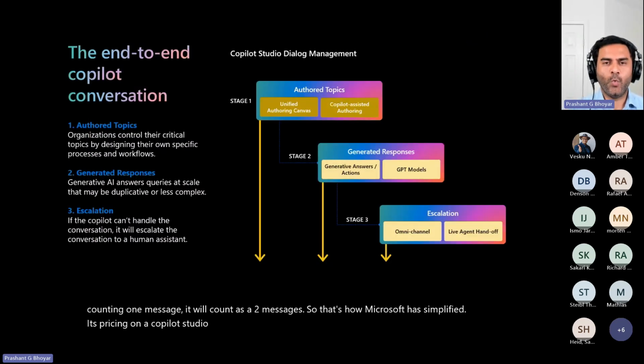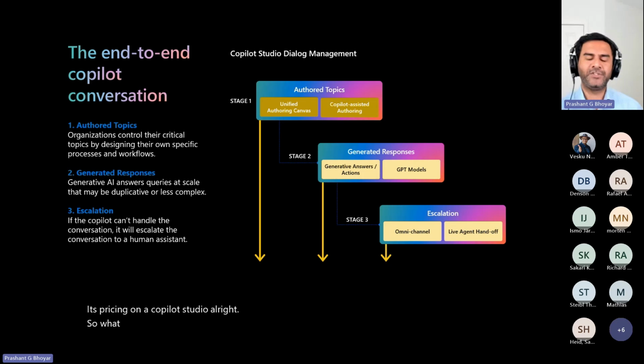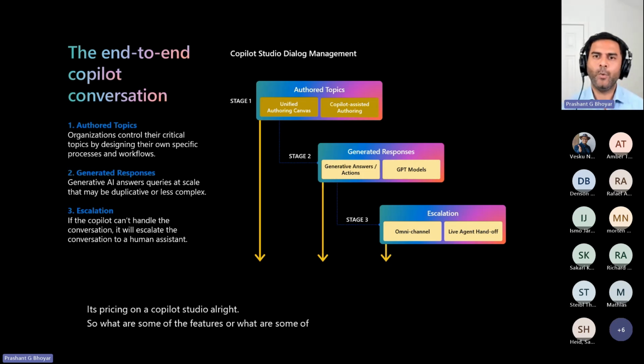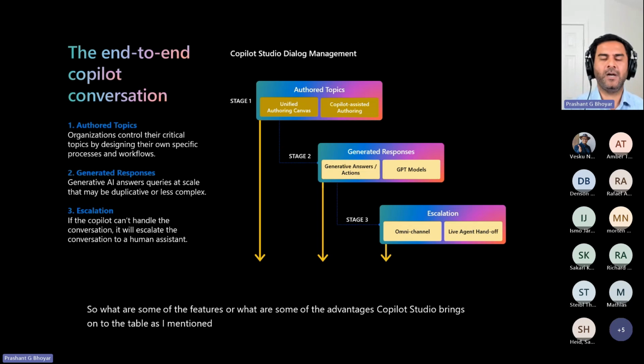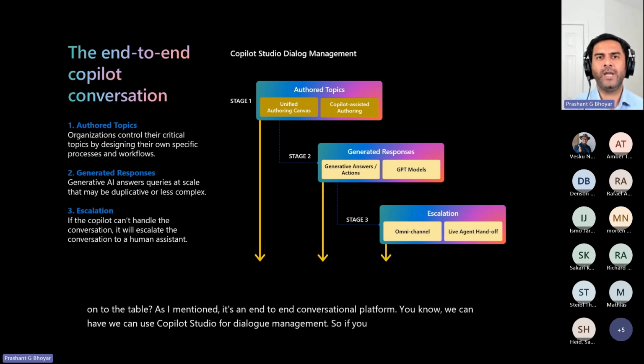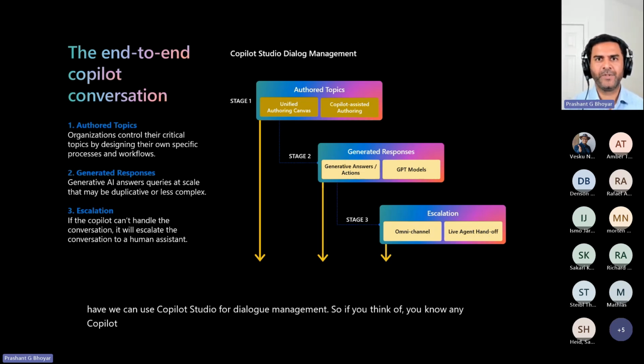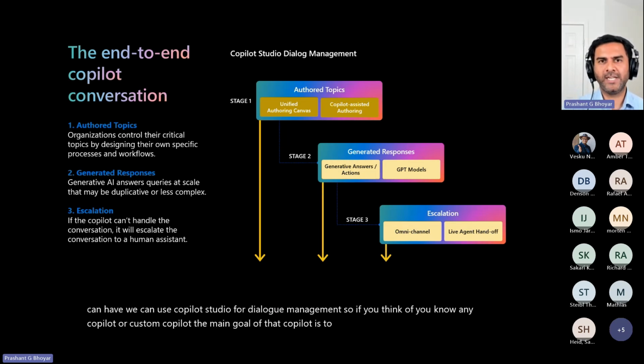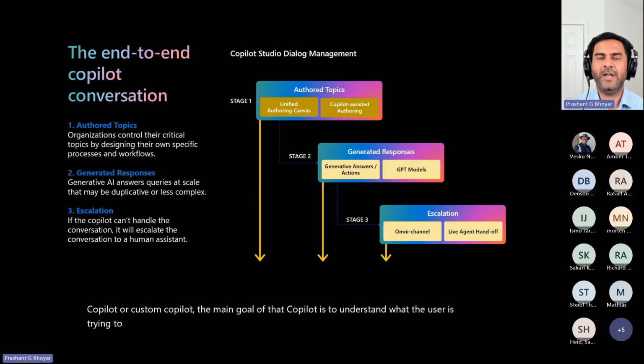All right. So what are some of the advantages Copilot Studio brings to the table? As I mentioned, it's an end-to-end conversational platform. We can use Copilot Studio for dialogue management. If you think of any custom Copilot, the main goal of that Copilot is to understand what the user is trying to convey, take that into account, and provide meaningful output to the user.